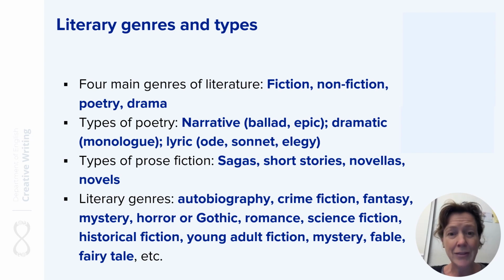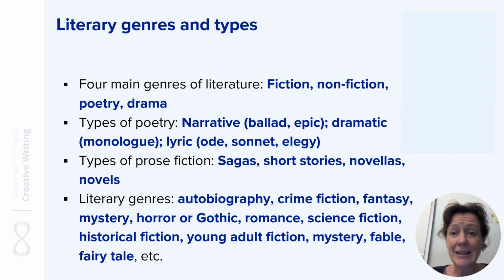Drama's written for the theatre or for the stage, and poetry is quite diverse. There are lots of subcategories of poetry. There's narrative poetry, poetry that tells a story, but there's also poetry that's written for the stage, dramatic monologues, for example.